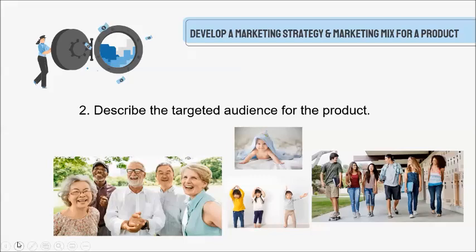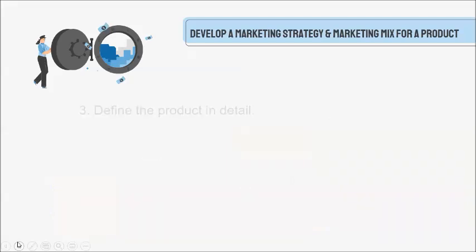So once you have already described your target audience for your product, we will now define the product in detail. Okay, so take time to describe the specific value and qualities of your product. Go beyond the obvious.